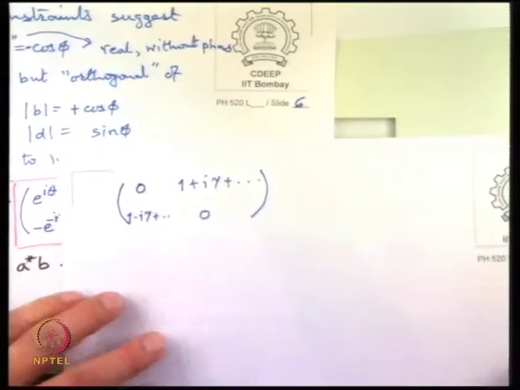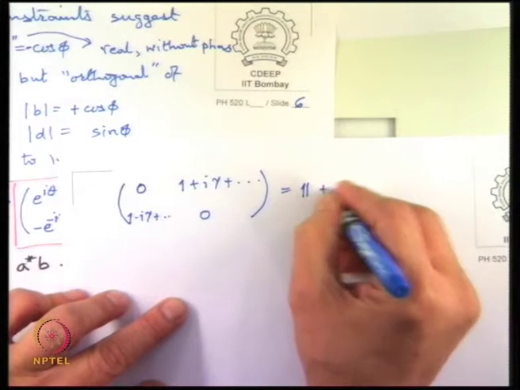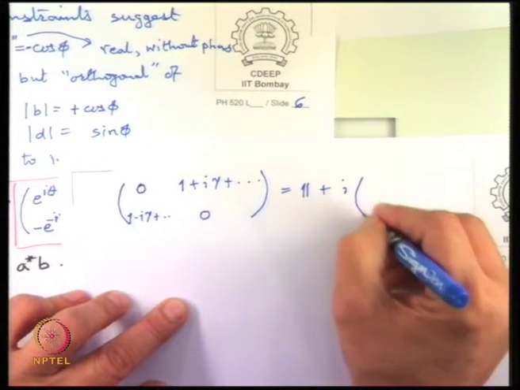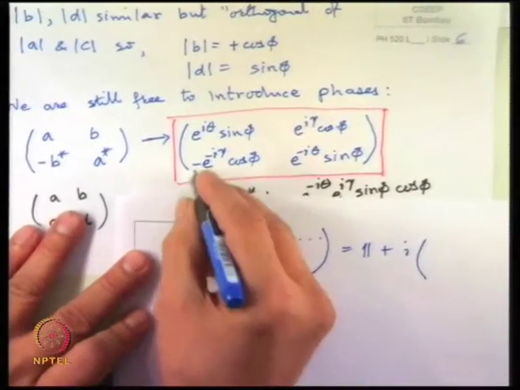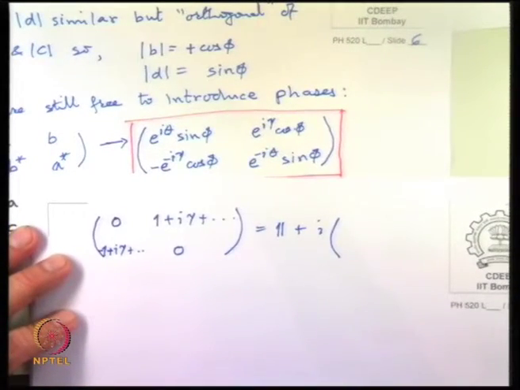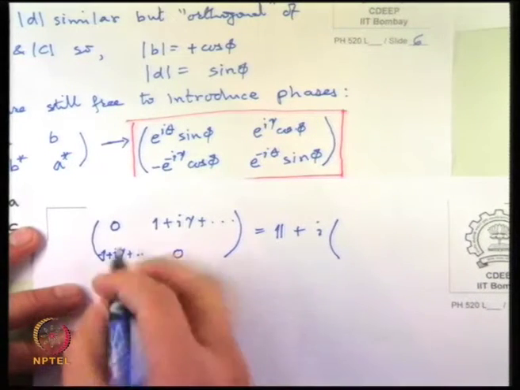So this becomes equal to 1 plus i times, okay, I am not going to get Pauli matrices after all, looks like. Oh, there is a minus sign, good. So there is this minus sign, but there is a minus.